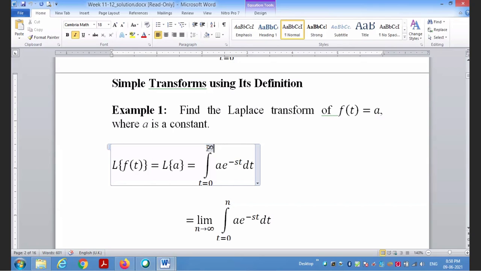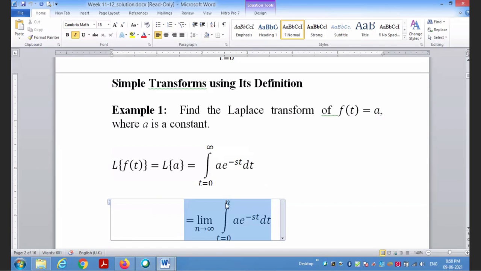So to integrate t from 0 to infinity of a e to the power of minus st dt, you integrate from t equal to 0 up to n, but n is approaching infinity. This concept.